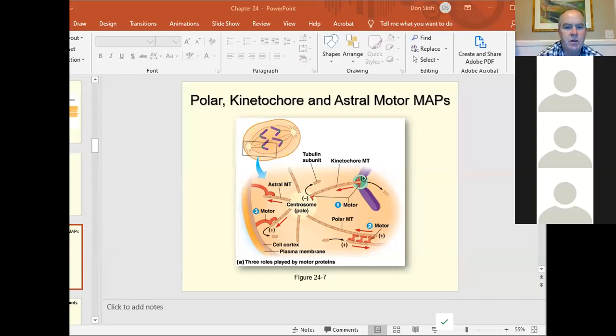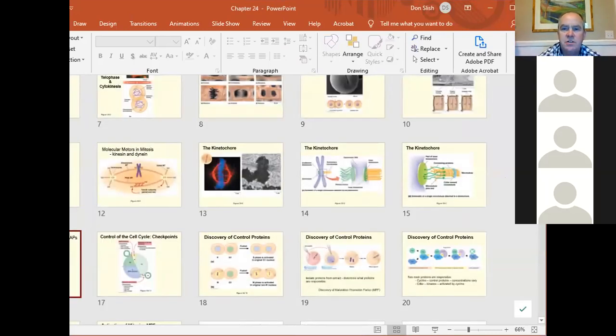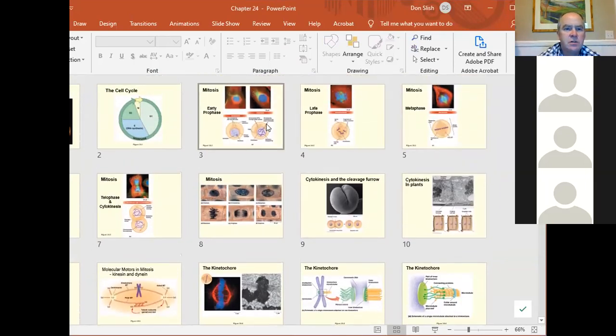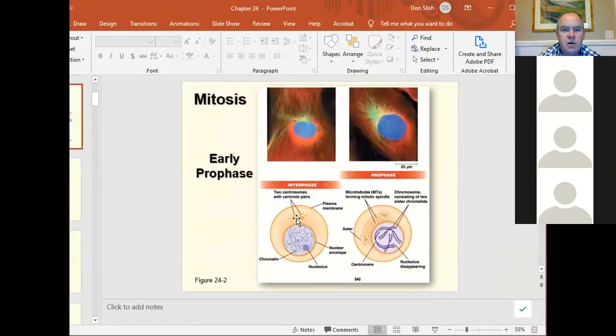Dynein. Right? So that molecular motor is pulling, so it's basically walking from plus to minus and pulling that in. And what that action is going to do is, remember at the beginning of mitosis, your centrosomes are together here.